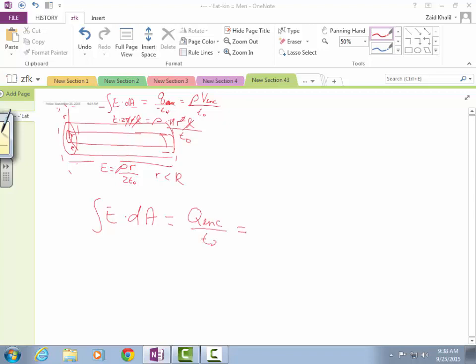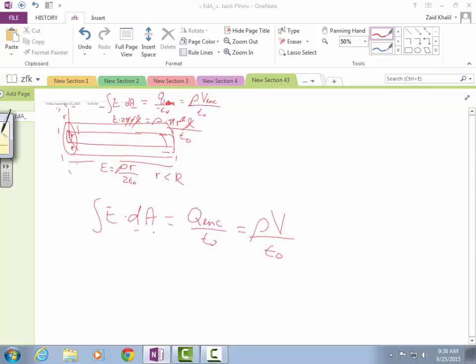Our Q enclosed is simply rho times the volume of the cylinder. Which cylinder? The actual one, because there's no charge outside beyond big R.